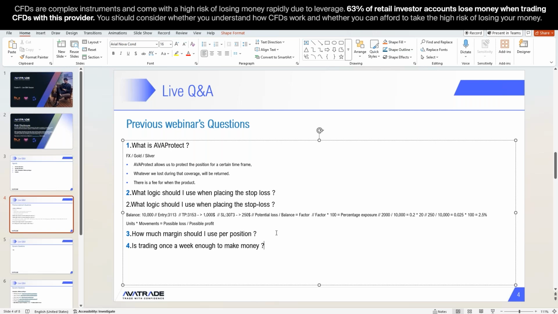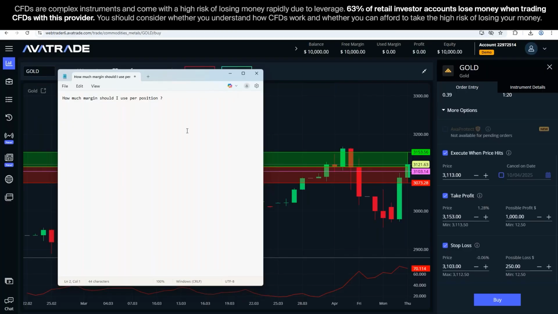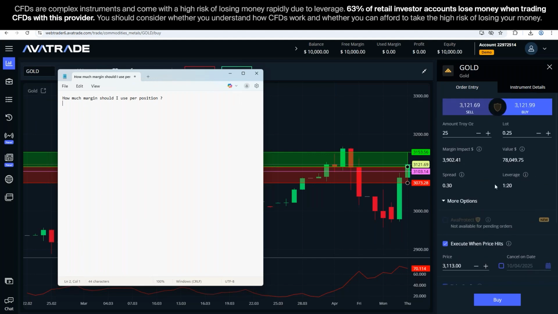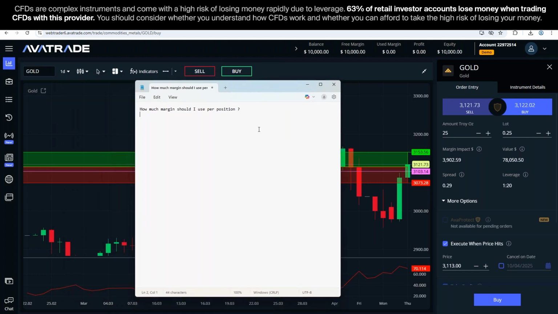All right, the next question is, how much margin should I use per position? Of course, there is no definitive answer for that because it depends on the strategy that I'm using. Also, the margin that I would like to keep available is meant to do a couple of things. One thing is, of course, to open additional positions.